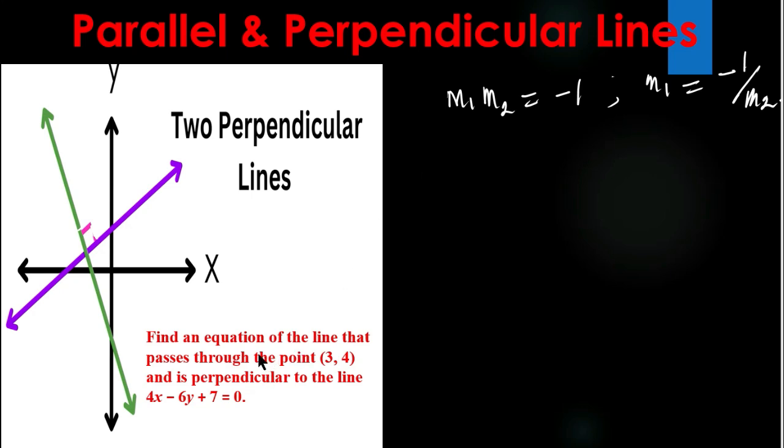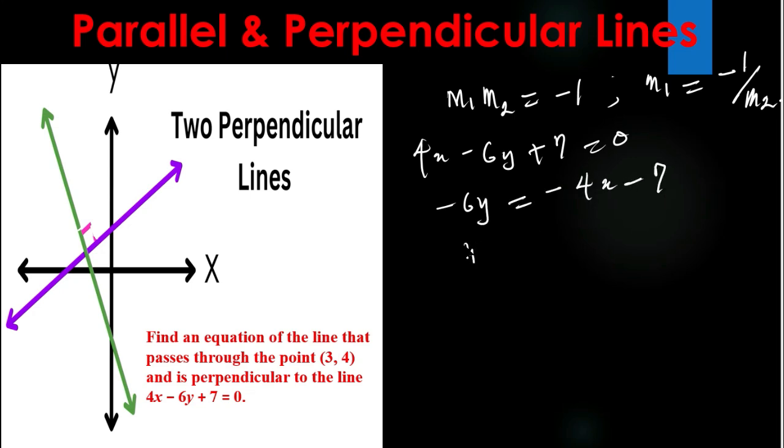This example says we should find the equation of the line that passes through the point (3, 4) and is perpendicular to the line 4x minus 6y plus 7 equals 0. Let's put it in our standard format. My minus 6y will be the same thing as minus 4x minus 7. So y now will be minus 4x over minus 6 minus 7 over minus 6.